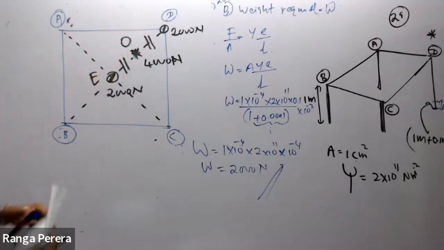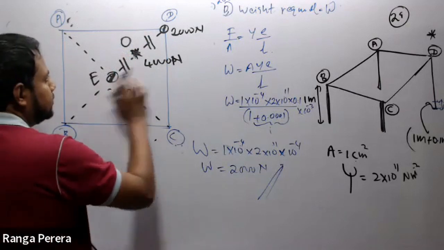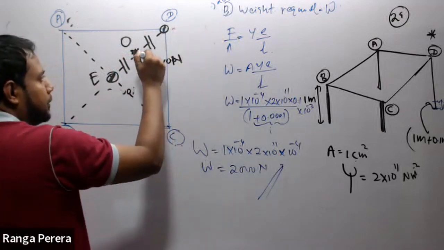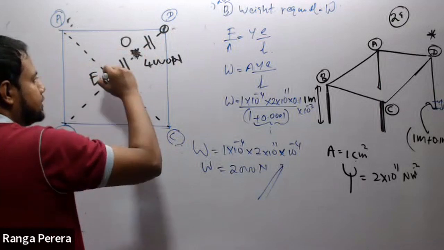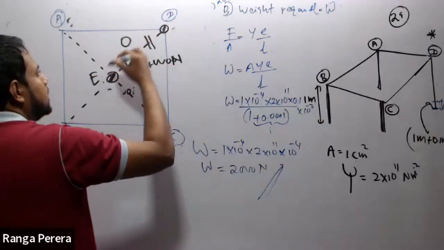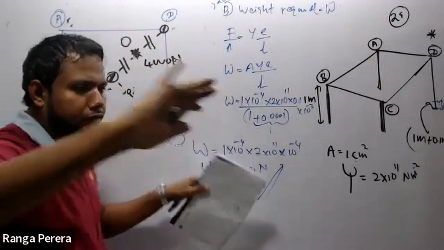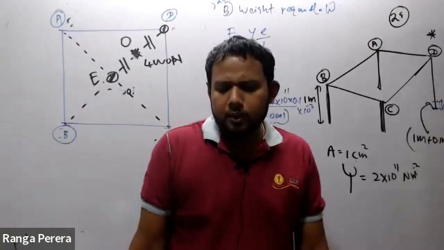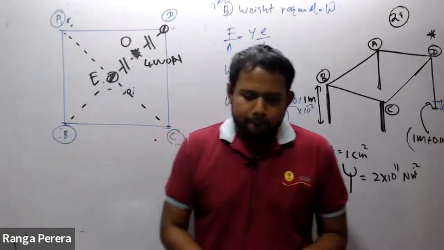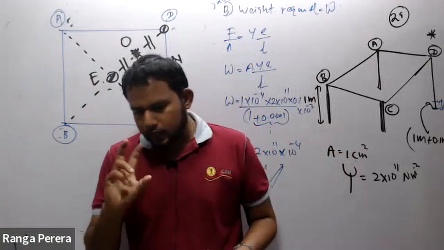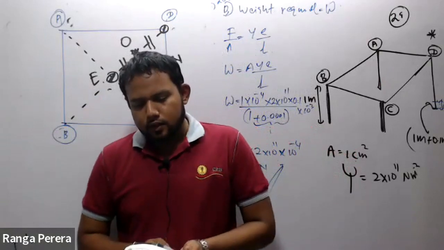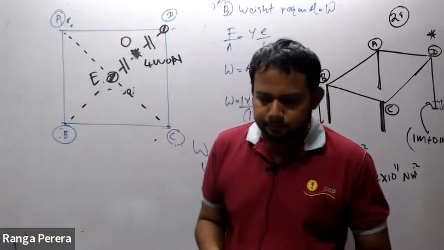So it is O. So I remove this 2000 now. If I place 4000 Newton at the midpoint of DE, I could compress all four legs equally and there's no oblique part. Are you clear with that? So look at that, how nice the question is. You should understand it clearly.